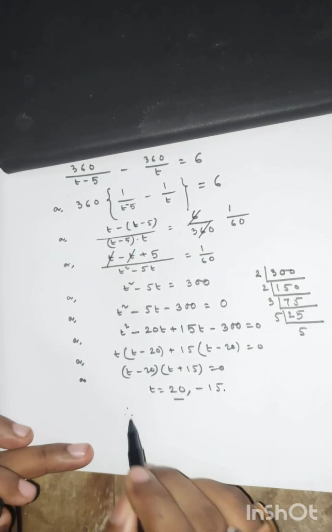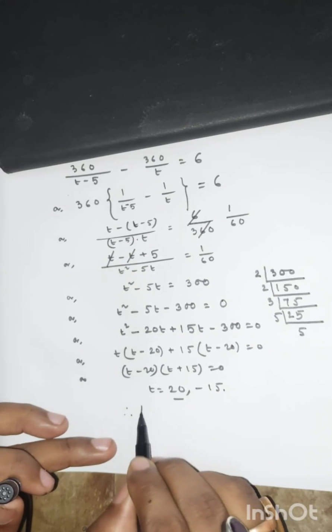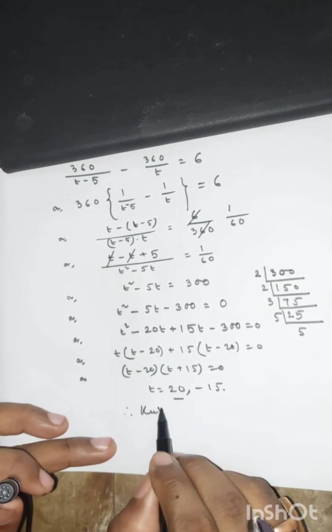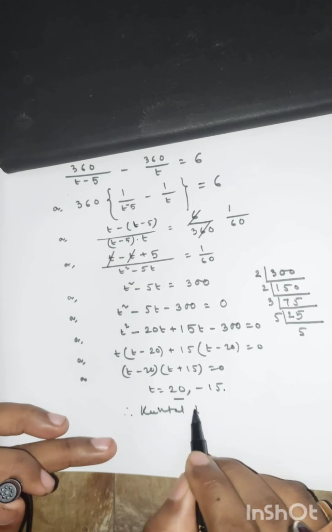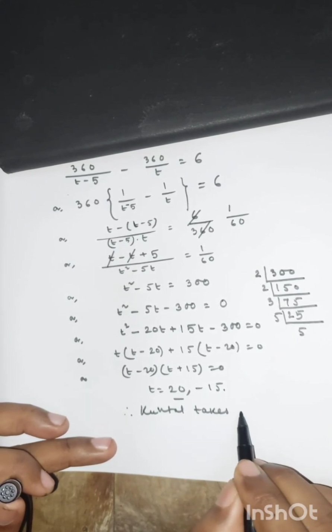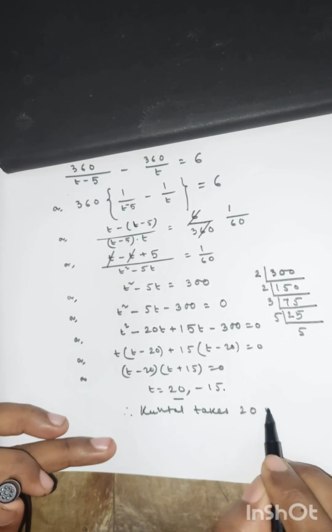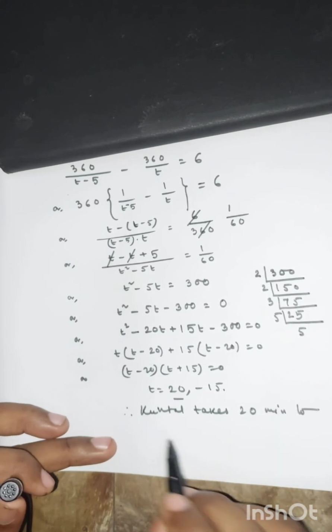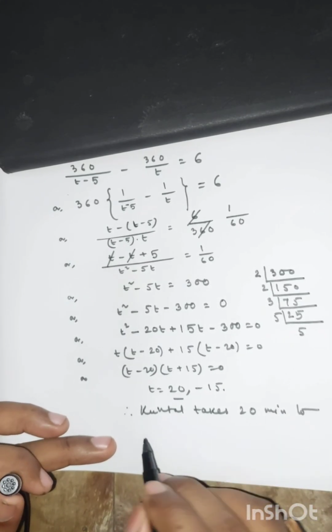Therefore, Kuntal takes 20 minutes to make one product.